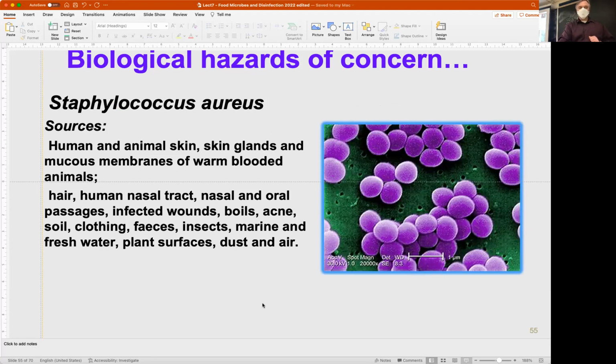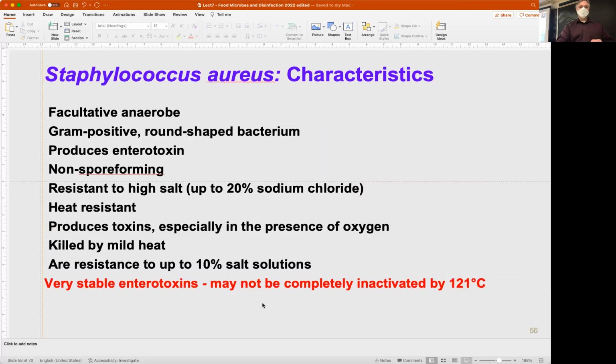It's a very common bacteria. If you have a Staphylococcus aureus infection, that's what is caused. Most don't cause infections, but the occasional one does.